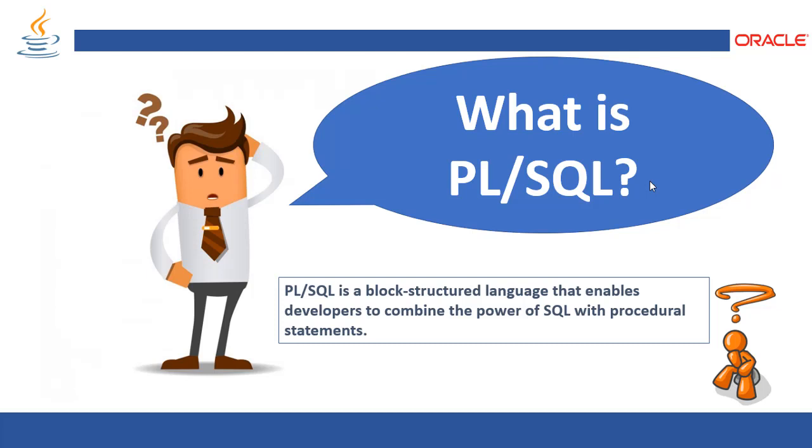For a fully structured programming language, Oracle provides PL SQL. That's how it came. And PL SQL is a superset of SQL. It's a block structured language that helps to execute the procedural capabilities of SQL.